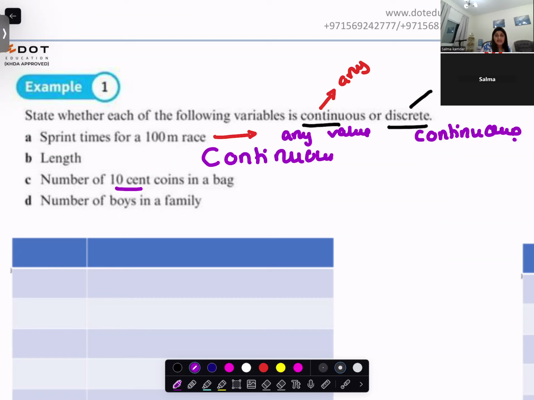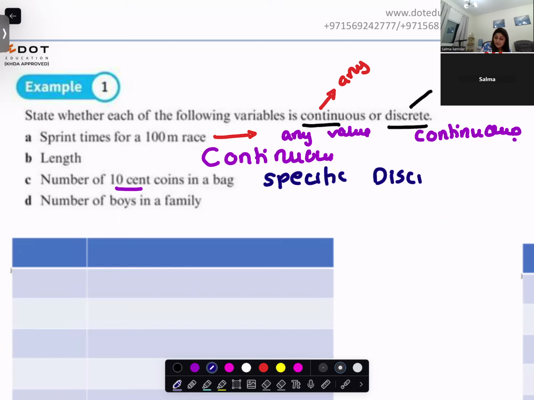Number of 10-cent coins in a bag. Now, when I'm talking about coins in a bag, that means this is going to take a specific value. Okay, this is going to take a specific value depending upon the number of 10-cent coins in a bag. So, this data is discrete data.